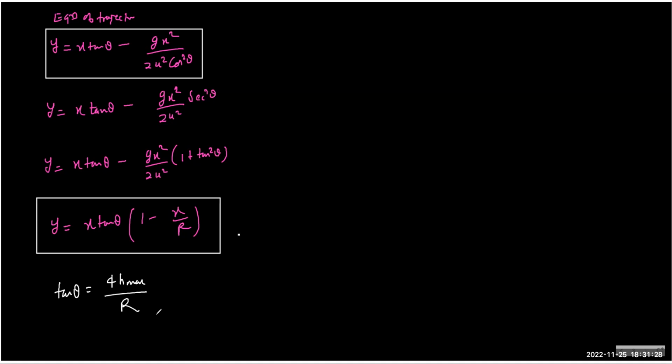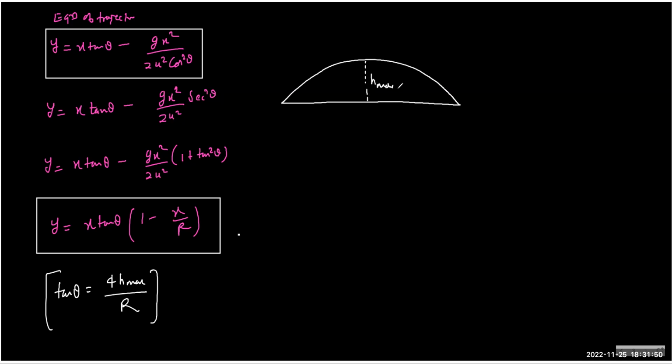How we got this formula? By putting x equals to half of the range, r by 2, and y equals to h max, because in this case the maximum height will happen exactly at the mid of the range. So it will happen at r by 2.